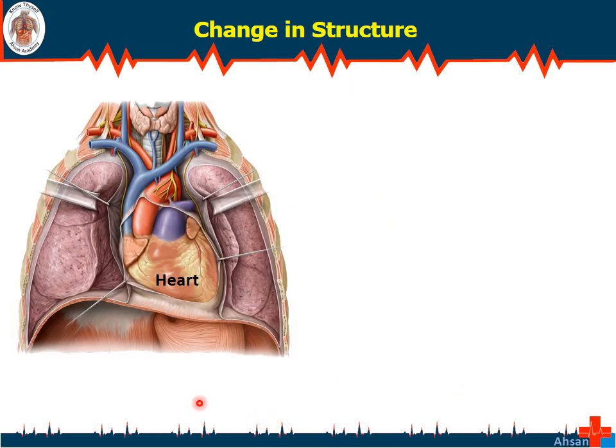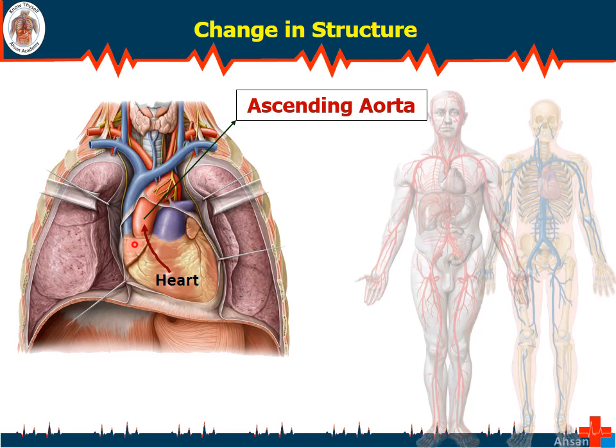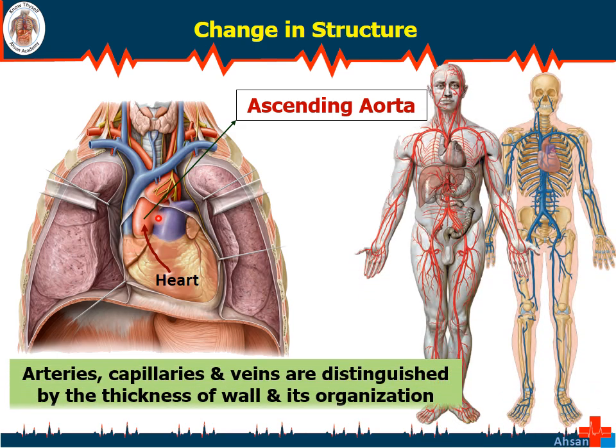How are these blood vessels changed from larger to smaller, in a gradual change? Already I have described that the initial part, which is receiving the blood, should have an elastic wall. This is the ascending aorta, and this should have an elastic wall.